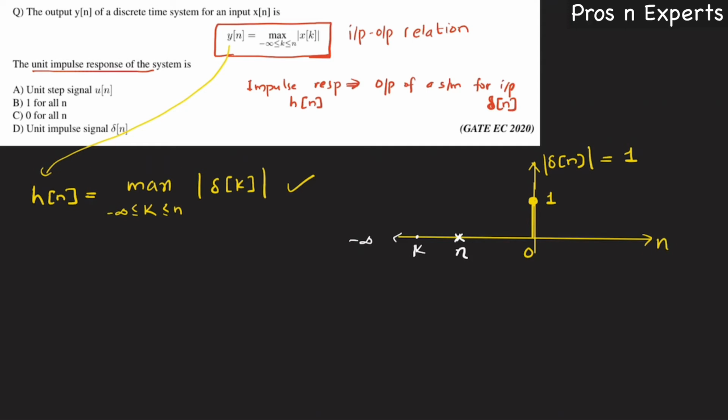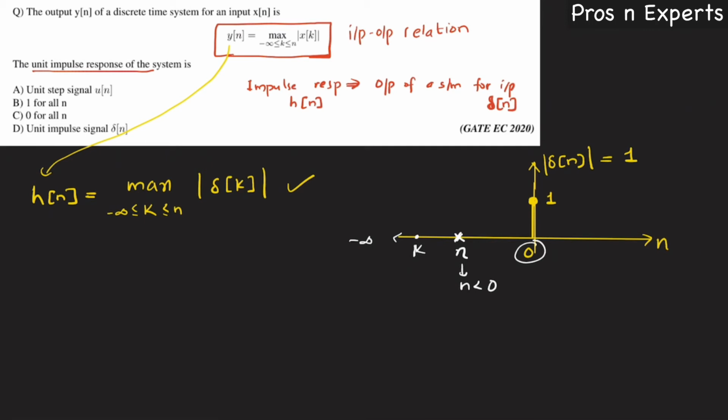Now what is the maximum value of del of k? It is 0, because del of n is present only at n equal to 0. So if you choose n here, n less than 0, then k will be somewhere here, so del of k will be 0.